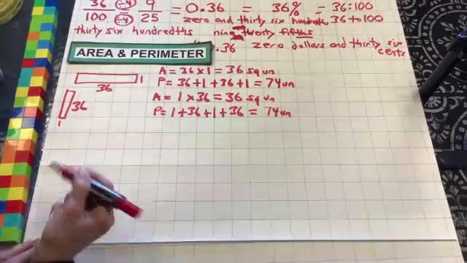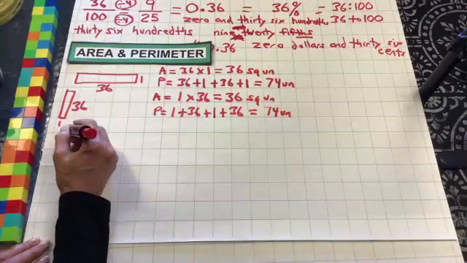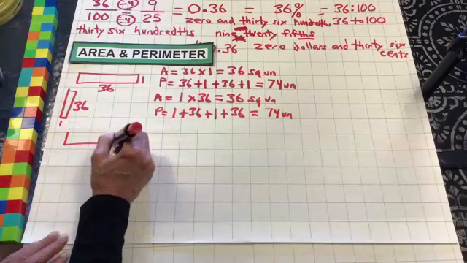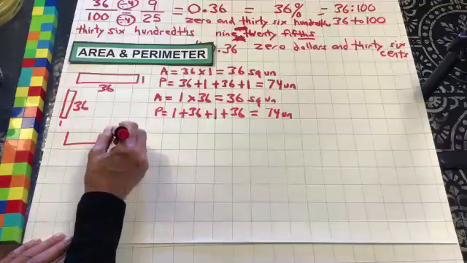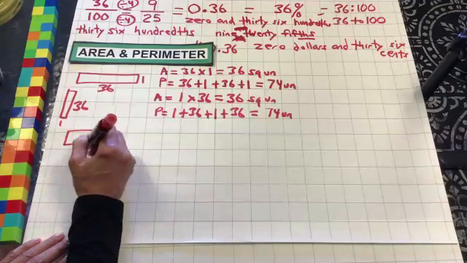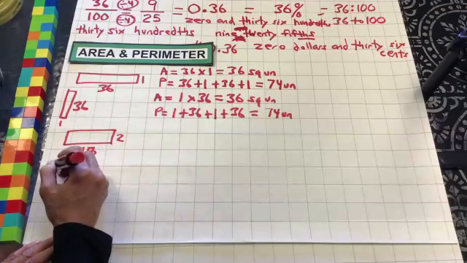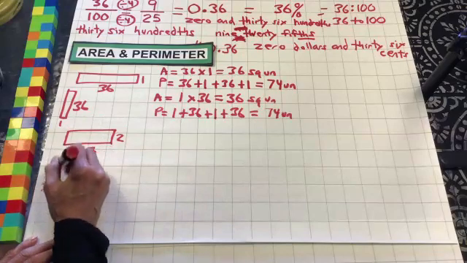All right, our next category would have been 2. So we're going to make it 2 by 18 or 18 by 2.